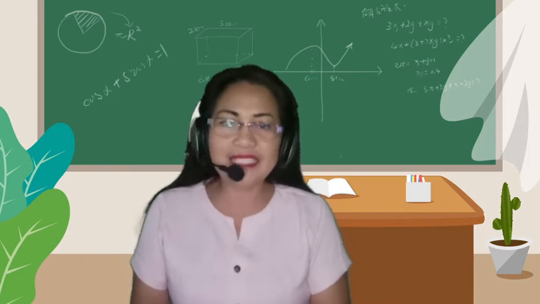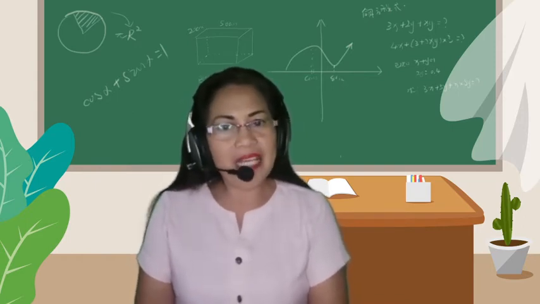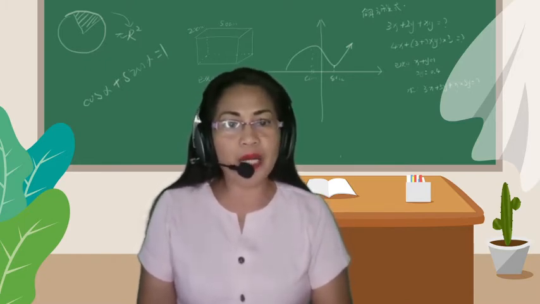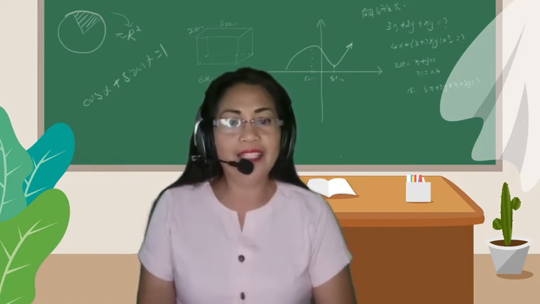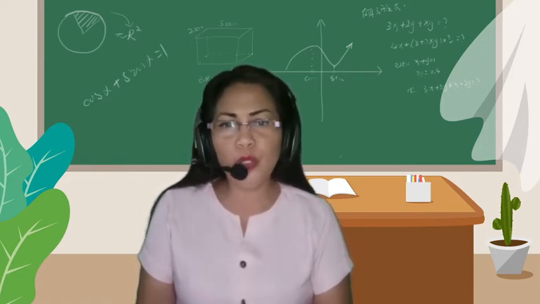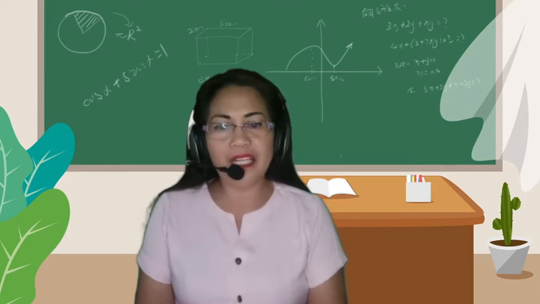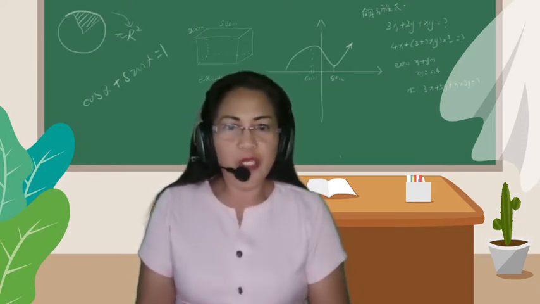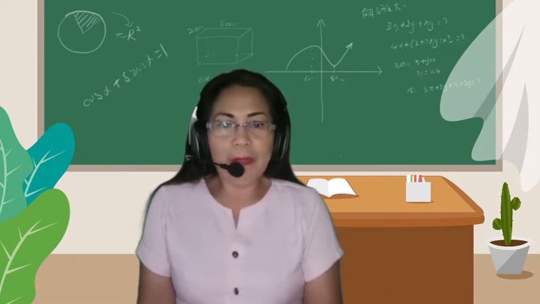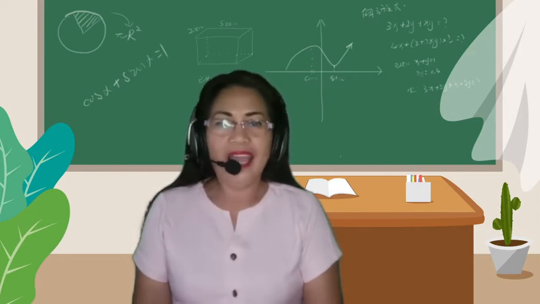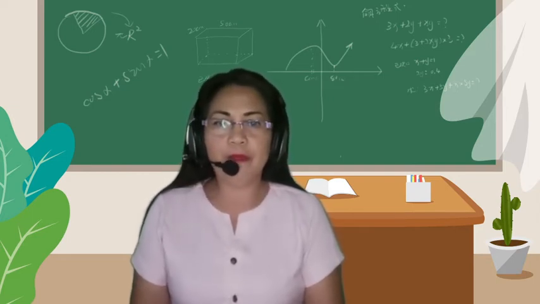In multiplying mixed numbers, you have to change mixed numbers into an improper fraction by multiplying the whole number and the denominator. Then, to the product of the whole number and the denominator, add the numerator, and that is your new numerator over the denominator. So it becomes an improper fraction. Then, do the multiplication, numerator times numerator, denominator times denominator, and reduce the fraction if possible.